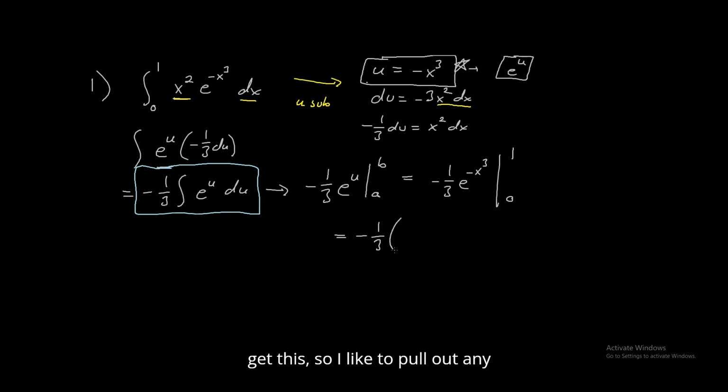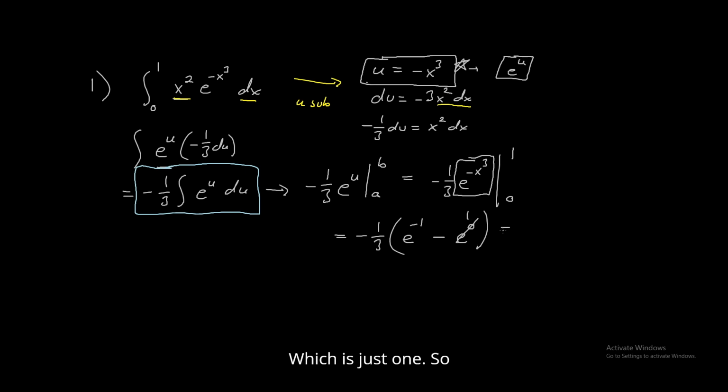we get this. I like to pull out any constants when I do this, so I just focus on this e to the negative x cubed term right here. It makes things a lot simpler in my opinion. So this will be e to the negative 1, minus e to the 0, which is just 1.